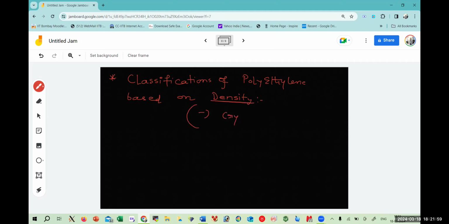One is how much crystallinity is there, and the other is the number and nature of the cross-linking present. So these are the two factors on which your density is dependent.